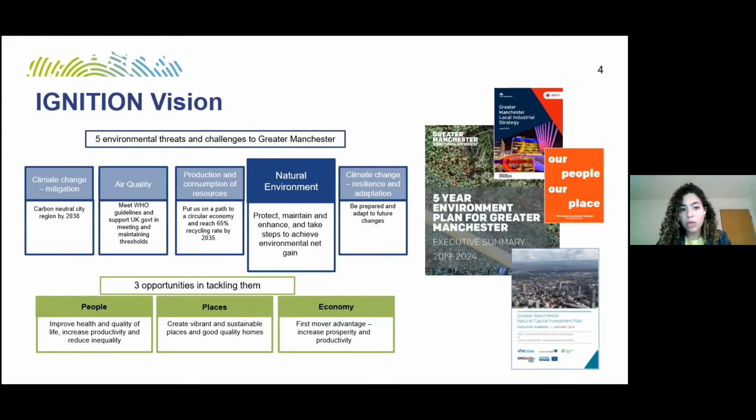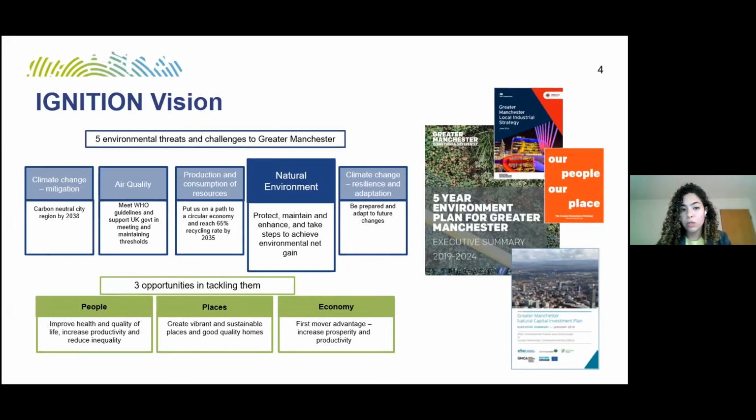To start with, the different partners that I'm going to mention in a second have looked into how to fit the Ignition project within the bigger picture. There is a lot of effort and a lot of strategy development going into the Greater Manchester Combined Authority, as Krista mentioned, and there are a lot of different strategies going in the direction of the natural environment.